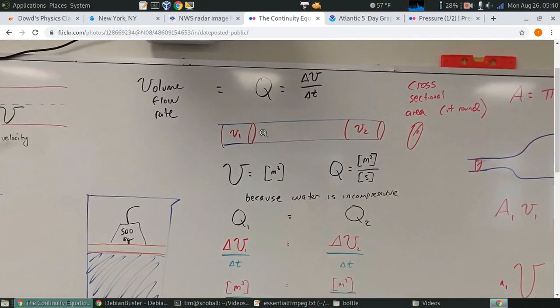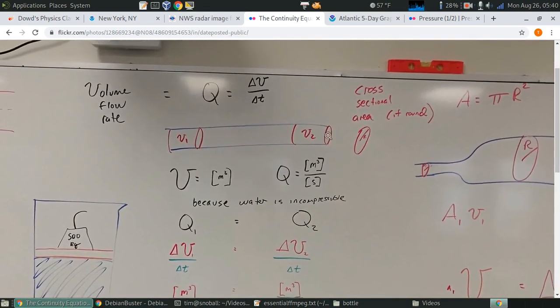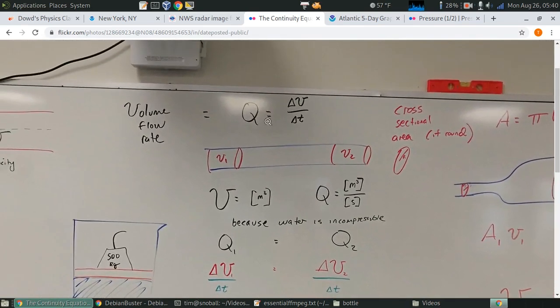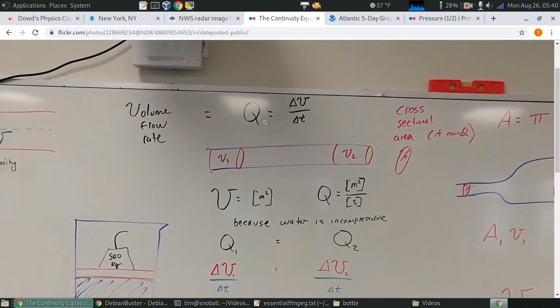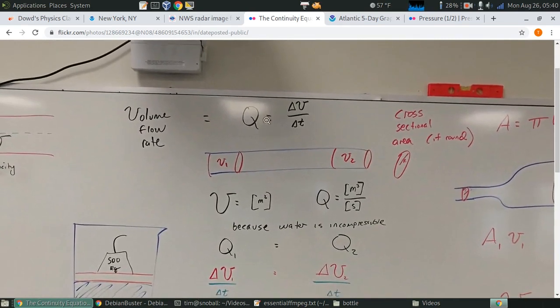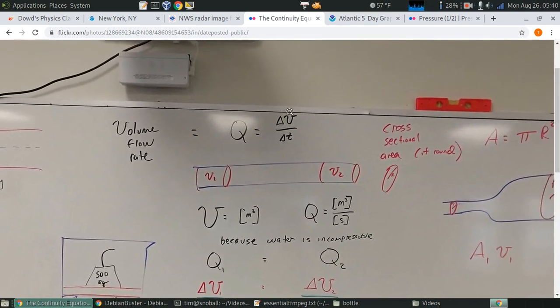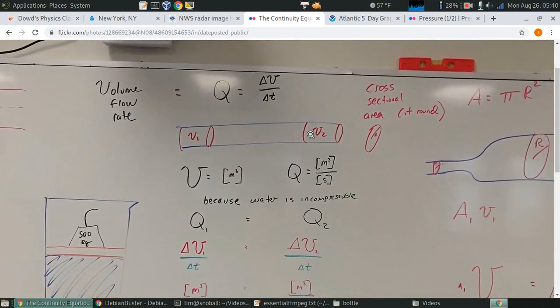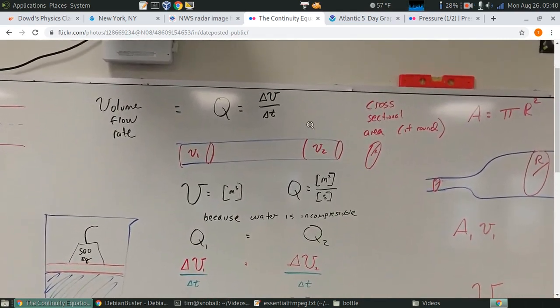Since water is incompressible, in that time period, the same volume should come out the other end. So it's not just volume that's the same, it's the volume flow rate. The number of cubic meters per second should be constant at every point in this fluid. That's really what's going to help us understand why water speeds up when you put your finger over a faucet.